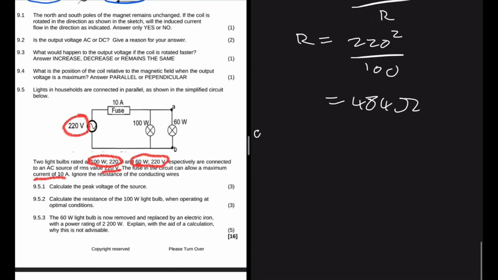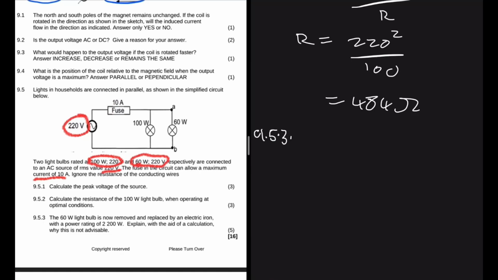We can move to 9.5.3, 5 marks. So we're bound to do some work here, but is it really? Let's see what happens. 9.5.3 is saying the 60 watt light bulb is now removed and replaced by an electric iron.